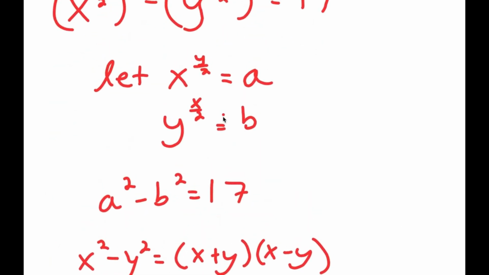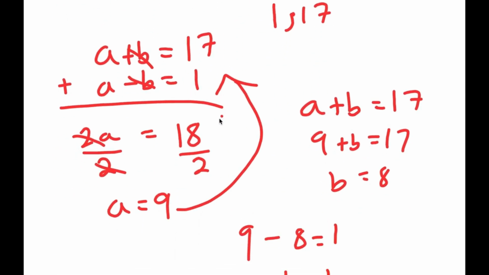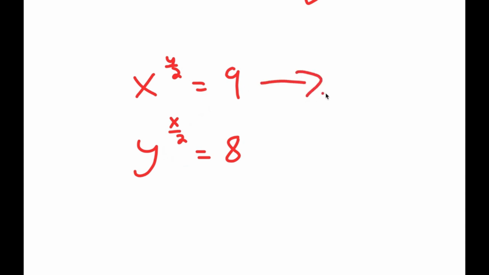we can go back here and notice how we let x to the power of y over 2 equal a and y to the power of x over 2 equal b. Meaning x to the power of y over 2 is equal to 9 and y to the power of x over 2 is equal to 8. So, to solve this, let's first start by solving the first equation.